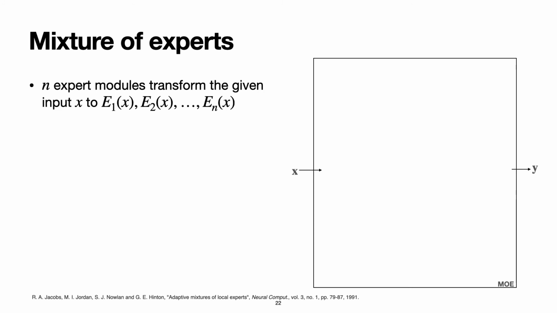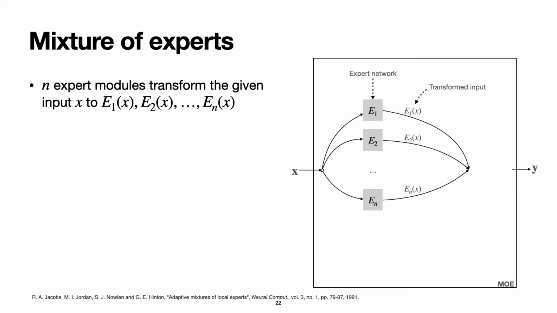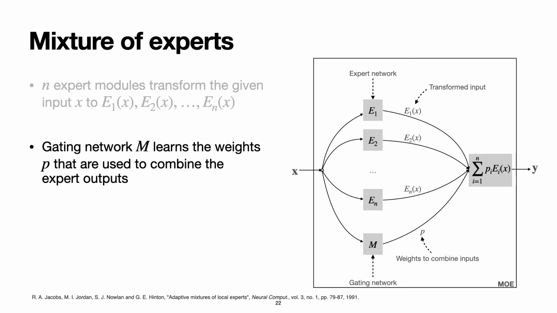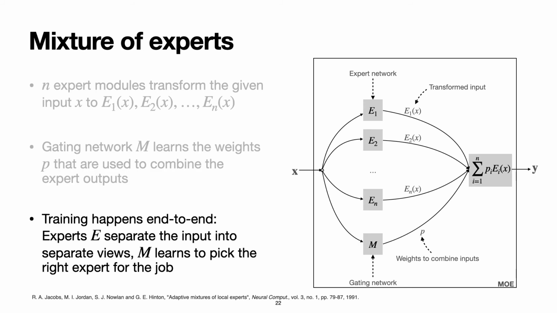The first step is that the input is transformed by n different experts, E1, E2 through En. So the input goes in, each of the experts takes the input and transforms it. Then the input is also fed to a gating network, the same input, and the gating network gives out weights with which we combine the output. So the output is essentially a linear combination of the experts' outputs weighted by the p-values.